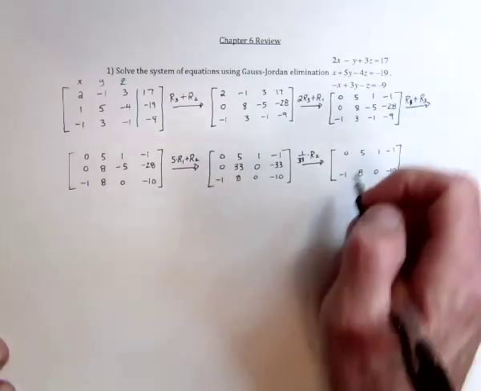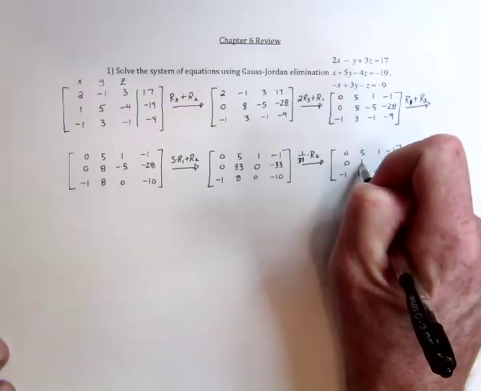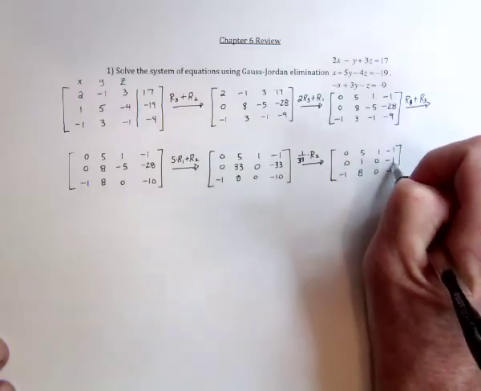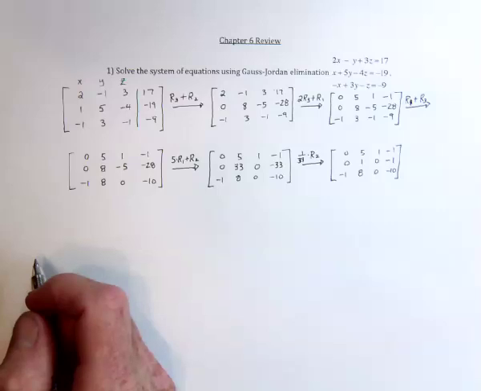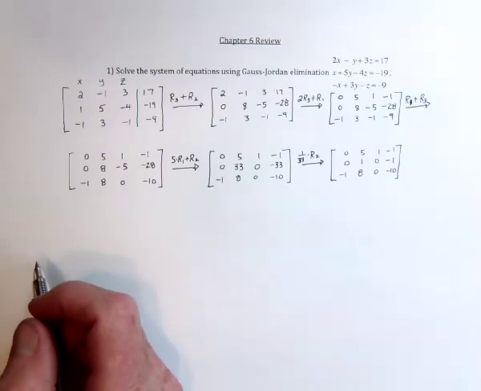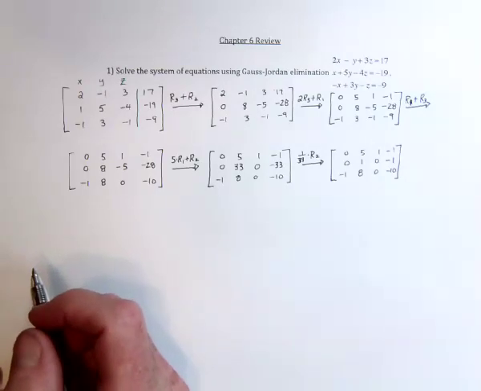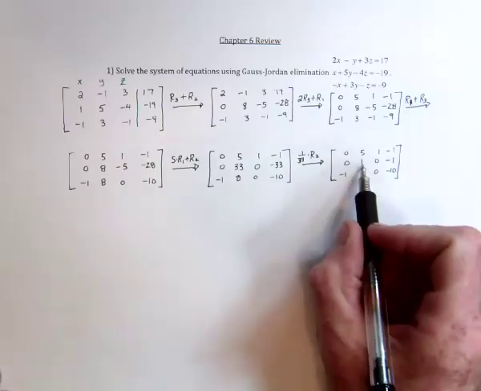Alright, so divide through by 33, it's going to be 0, 1, 0, -1. And now, let's see, I can use this 1.